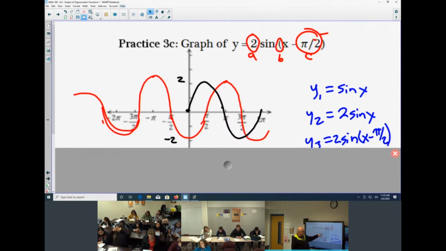It goes up to 2 and down to -2, and then I did a little bit more in this direction. So horizontal shift of pi halves, amplitude of 2. That's kind of what I'm looking for in that one. All right, any questions?